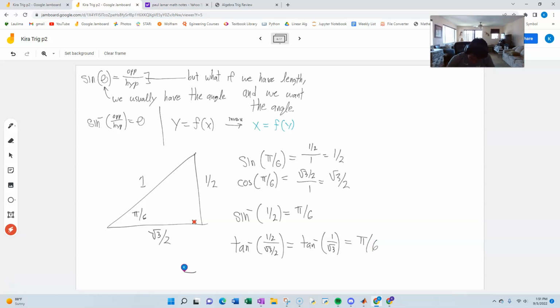Let's just do tan of pi over 6. We'd write that to be what? Opposite over adjacent. So it's 1/2 over square root 3 over 2, which is 1 over square root 3. So now you can see that inverse property being used right here. Tan inverse 1 over square root 3.